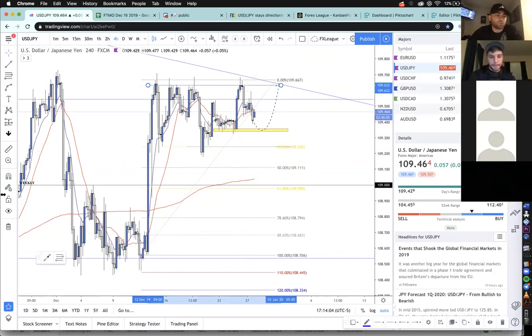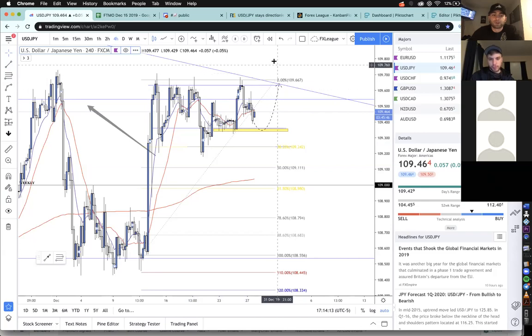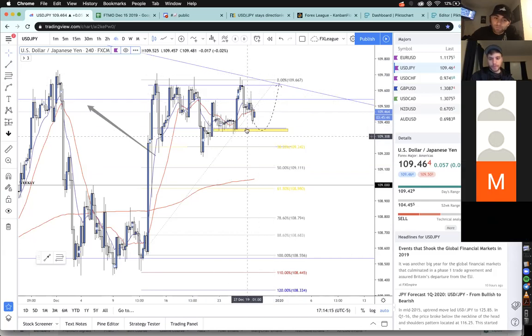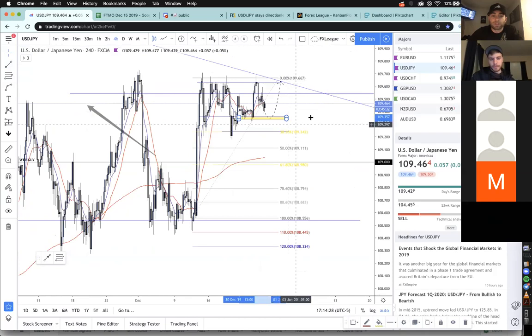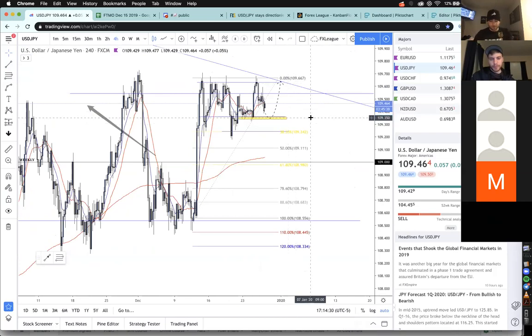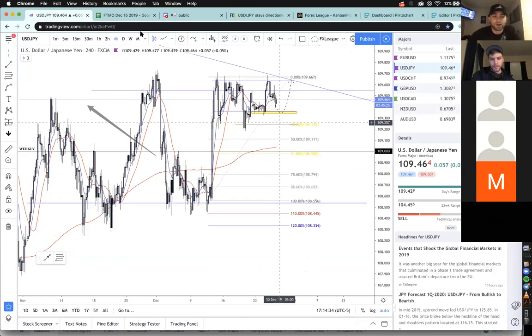And really what I'm going to look for is a bounce above this level of resistance up here and retargeting it, or I'm going to wait for a break below this level of 4 hour support before actually deciding to short this market, based on the higher time frame bearish confirmation area that we're currently at. So a few different scenarios, obviously, that we got going on on USD JPY.